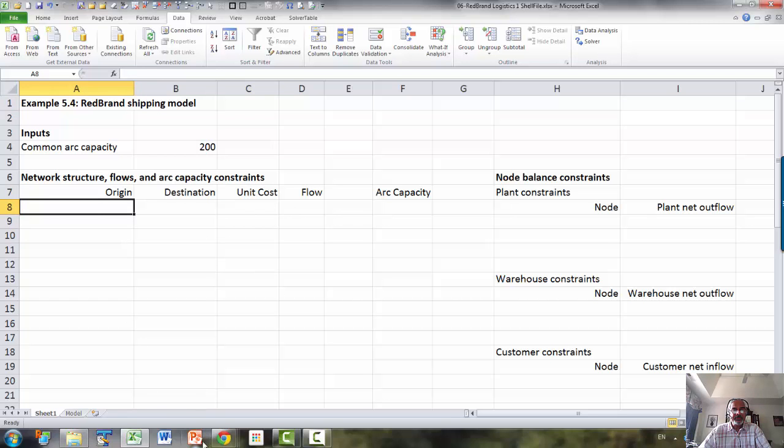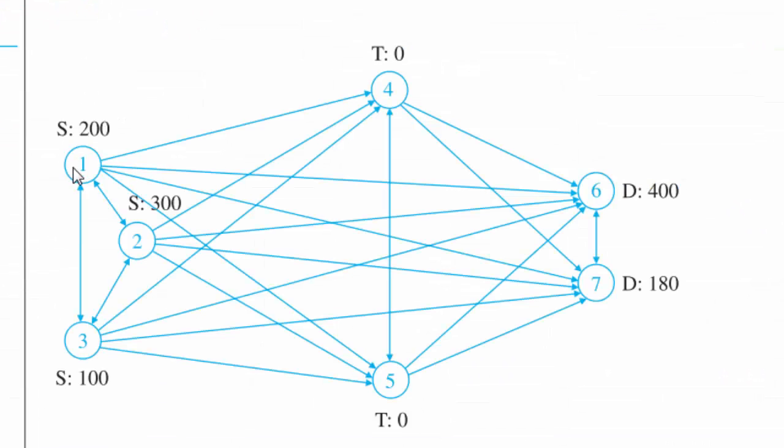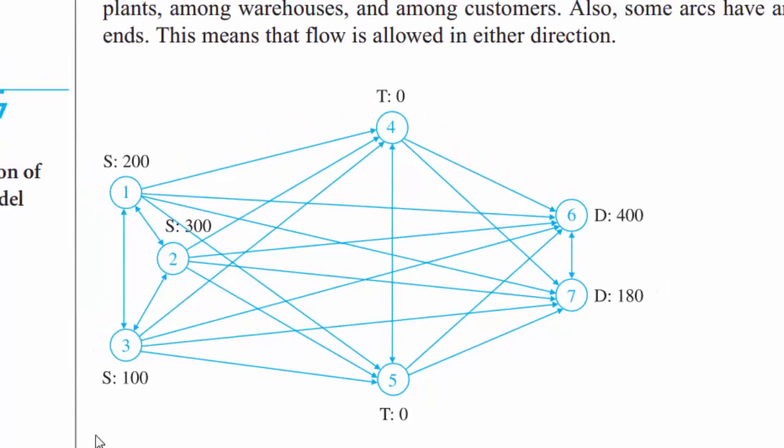Well, we need to go back to the problem. Then see, from 1, we can go to 2, 3, 4, 5, 6, and 7. So it can go to all the other nodes from 1.